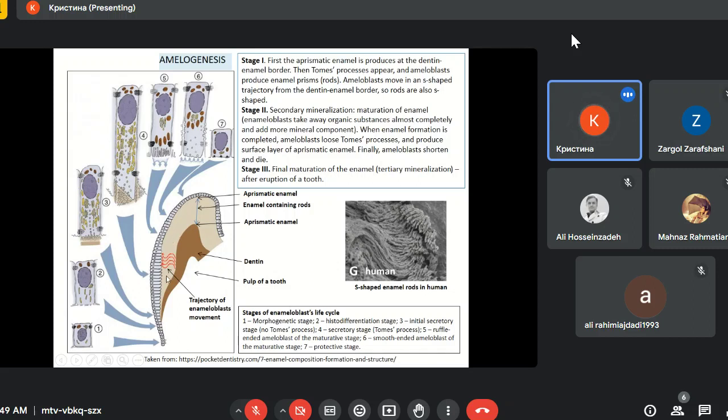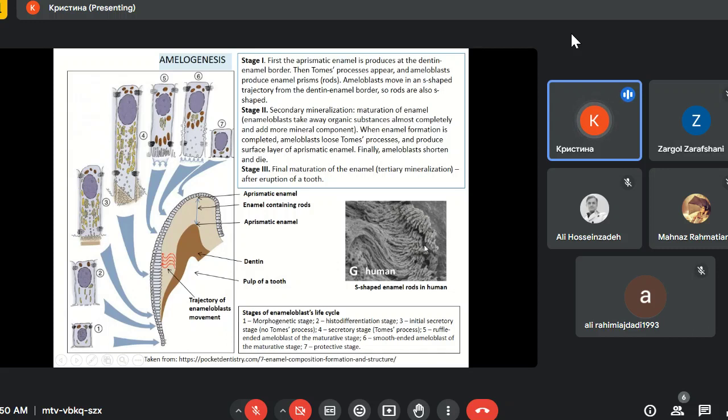Almost all the enamel in thickness contains enamel rods, and while the ameloblast produces its enamel rod, it moves in this trajectory. So these arrows indicate the path of movement of ameloblasts while they produce enamel rods. And so the shape of each enamel rod is also S-shaped.